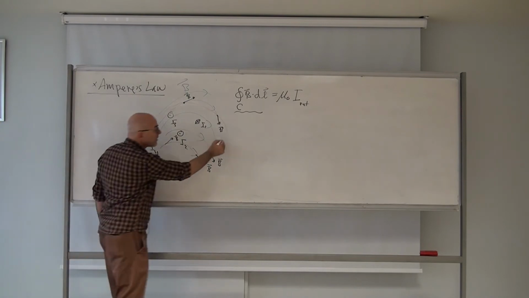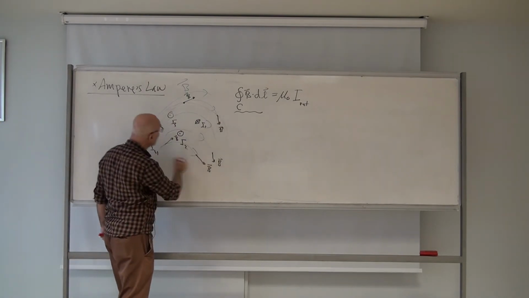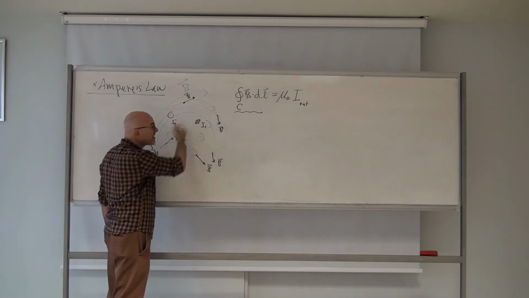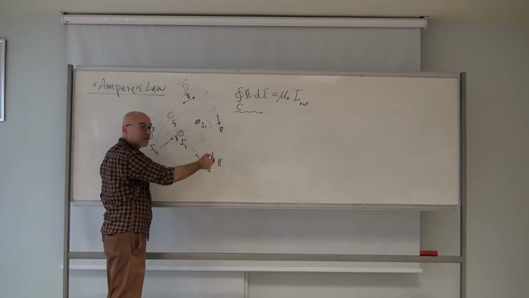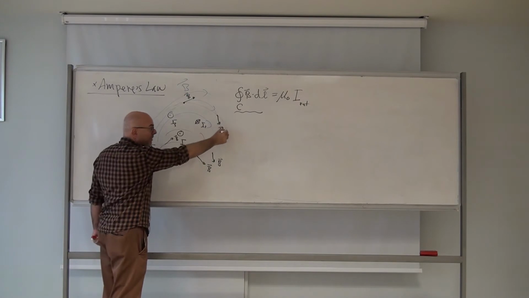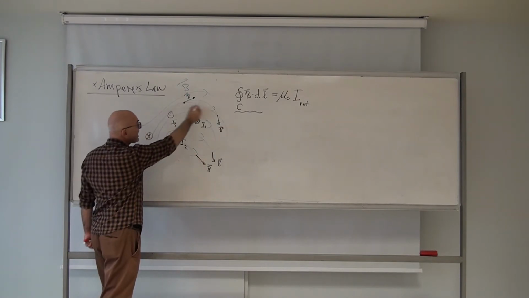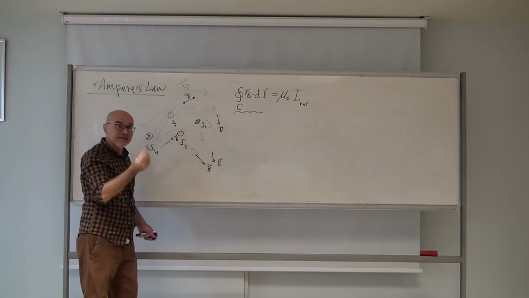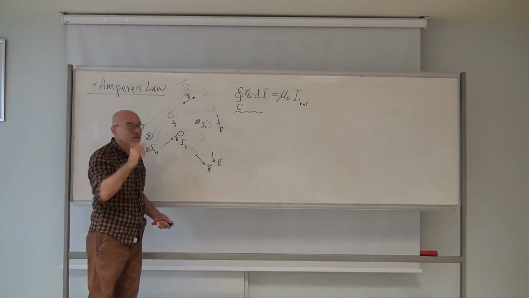Of course, the magnetic field exists at each point in the loop, but the magnetic field lines are not shown at each point. In principle, the magnetic field exists at each single point on this contour, and at each point it has a given magnitude and direction.